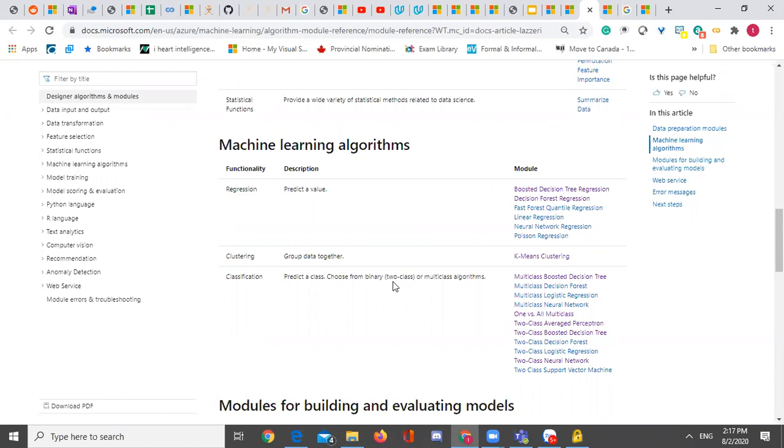Yes, you are completely right. I'm really sorry. I understood classification from another perspective, but based on Azure, it's written that you have to predict a class. So yes, you can say that one class is of people who are going to pay, and another class is of people who are not going to pay. Right? Yes.